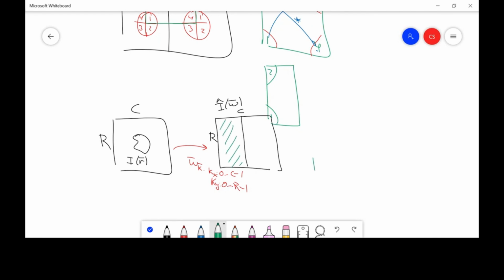So it will have together more or less RC half, RC half complex numbers. While these, they have RC real numbers.